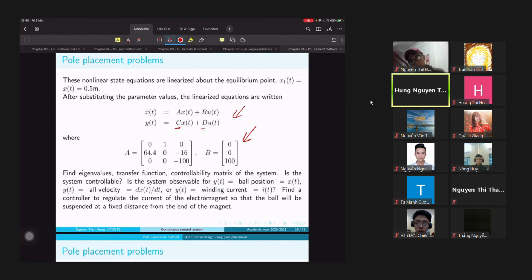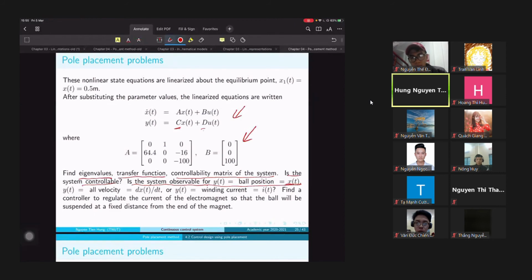So this is the explanation of the system, and now the questions. You have to find the eigenvalues, transfer function, and controllability matrix of the system, and the question is: is the system controllable? Is the system observable for y is the ball position?